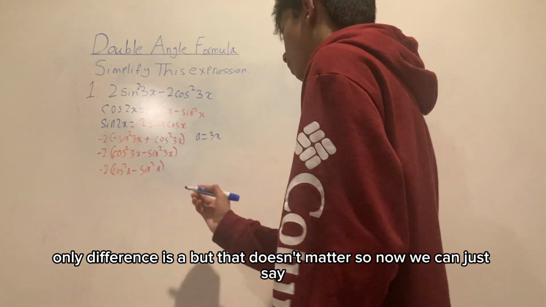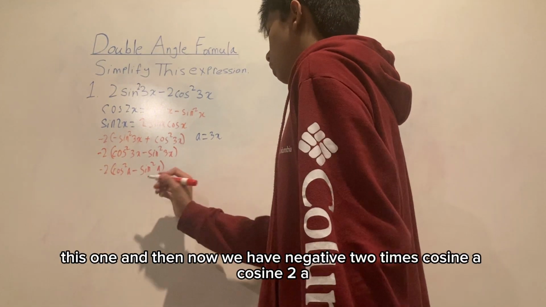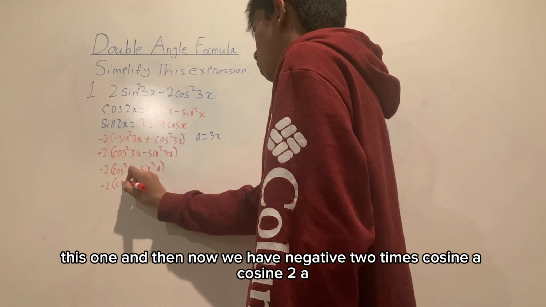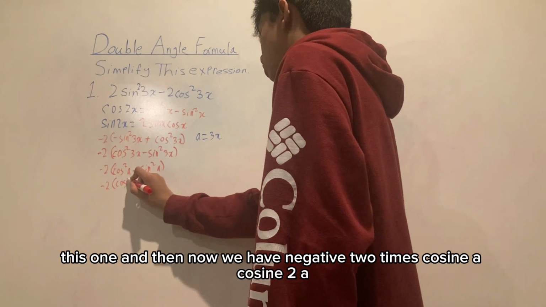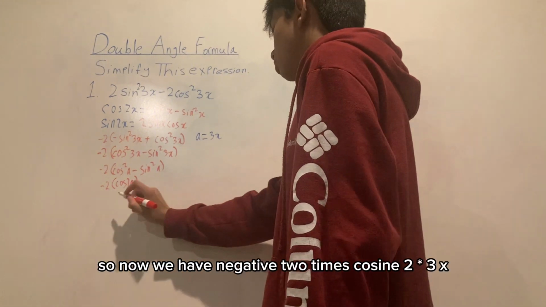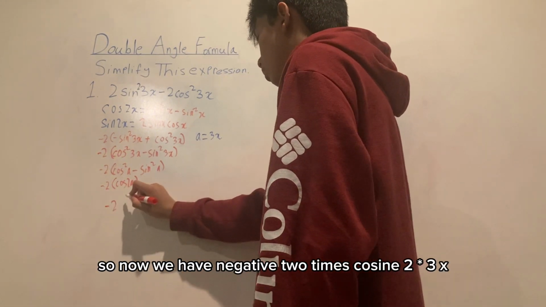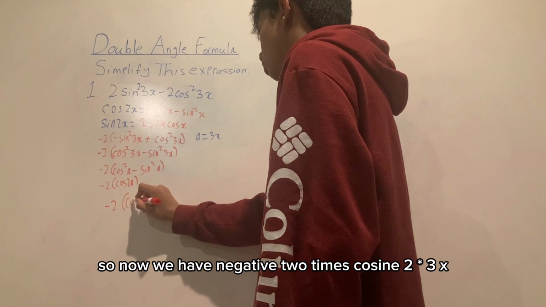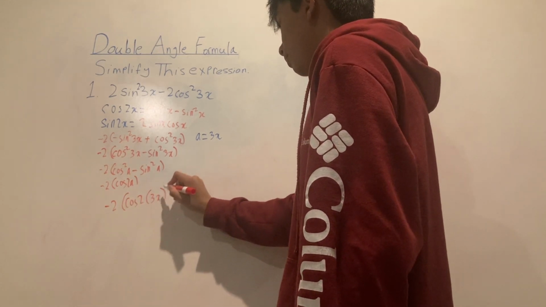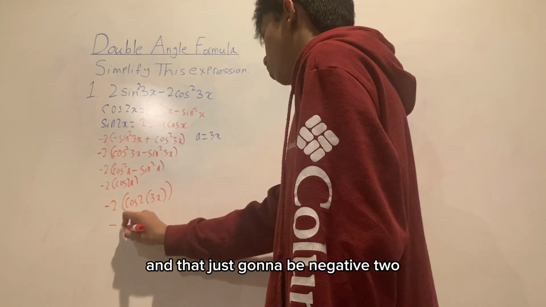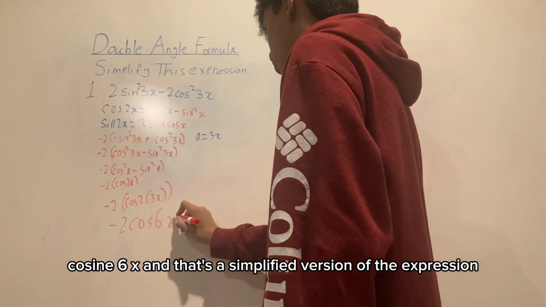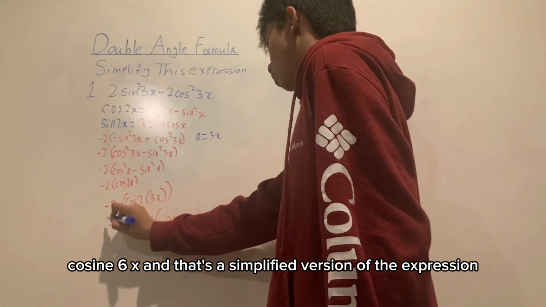So now we have negative 2 times cosine 2a. And then we can replace a with 3x. So now we have negative 2 times cosine 2 times 3x, and that's just going to be negative 2 cosine 6x. And that's a simplified version of the expression.